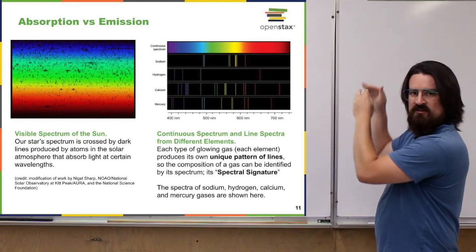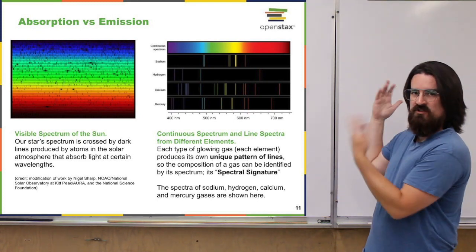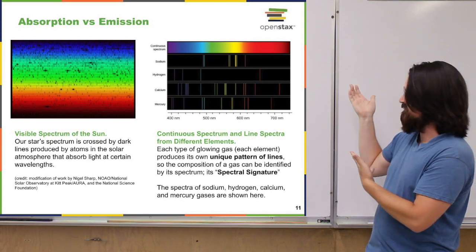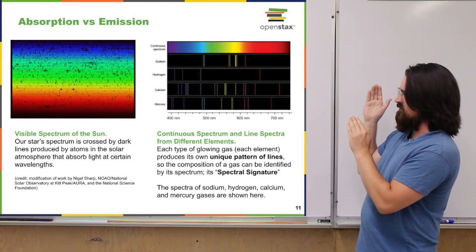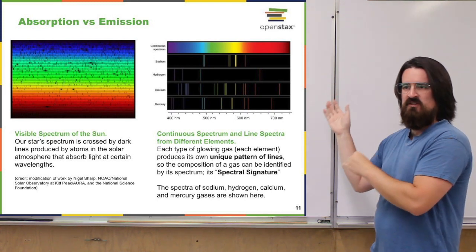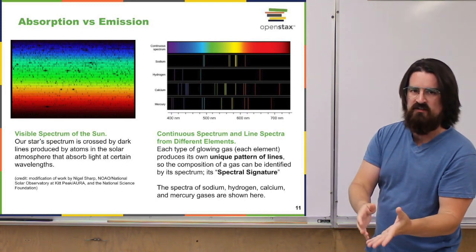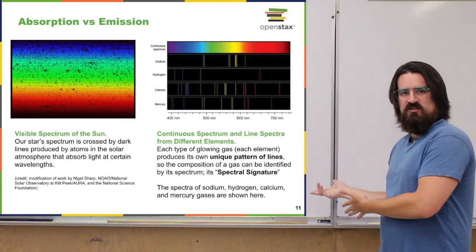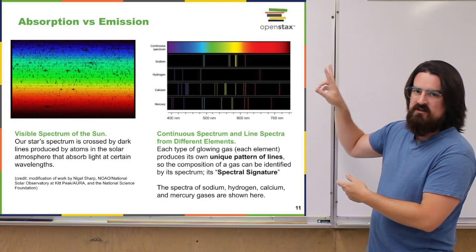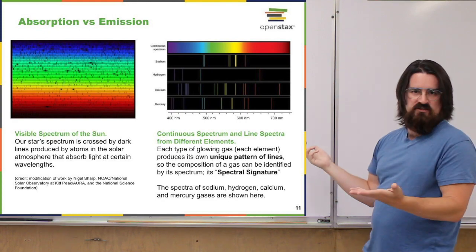But the patterns are all different, and in fact, they're unique to that element in a way. It's a little bit more complicated than that, but basically, that pattern of emission lines can tell you what element emitted that light. That's what we call a spectral signature. So you see this pattern of wavelengths, you know it's hydrogen.